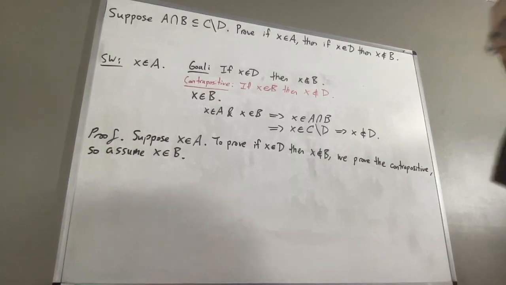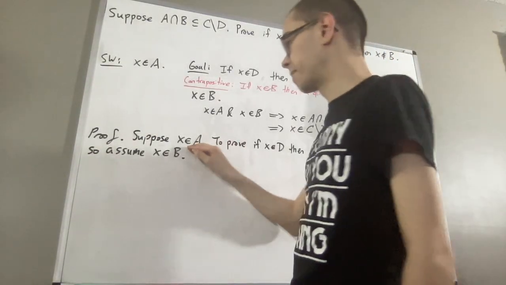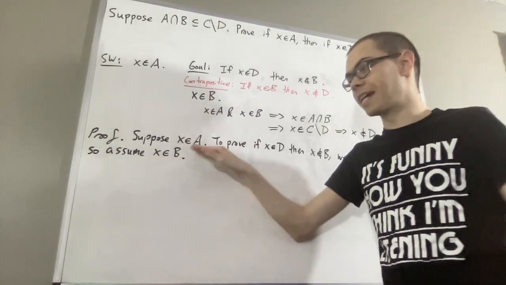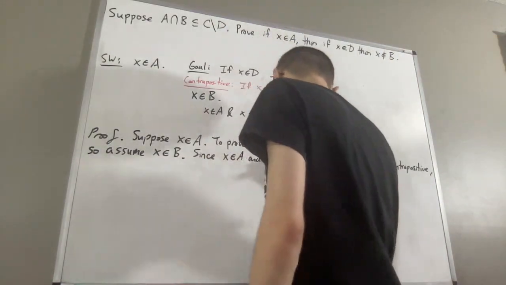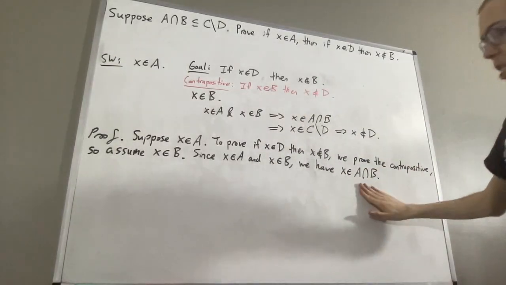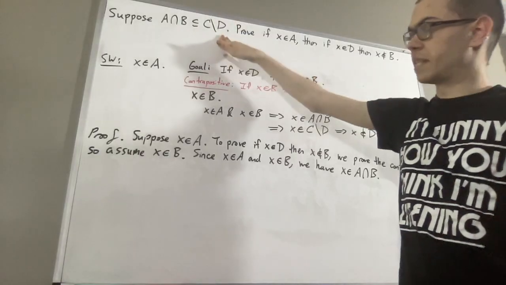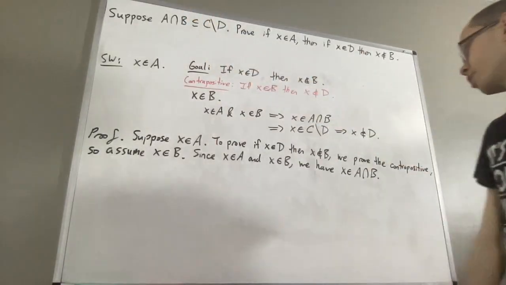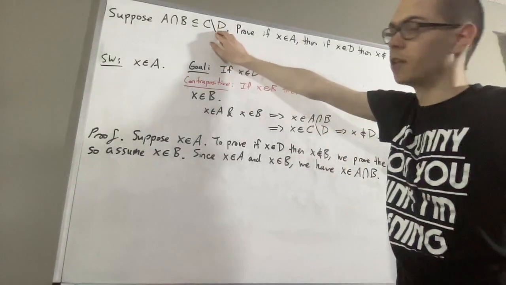To do that, our first observation was, since x is an element of A and x is an element of B, that tells us x is an element of the intersection of A and B. But then the thing we noticed was, since the intersection of A and B is a subset of C set minus D, that tells us everything in this set is also in this set. So in particular, x is an element of this set.